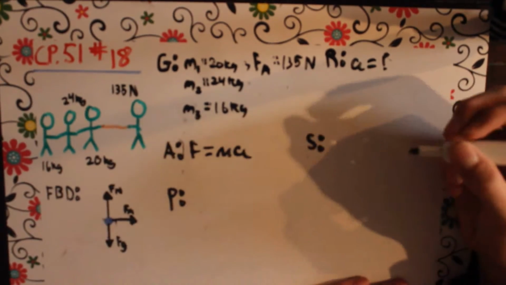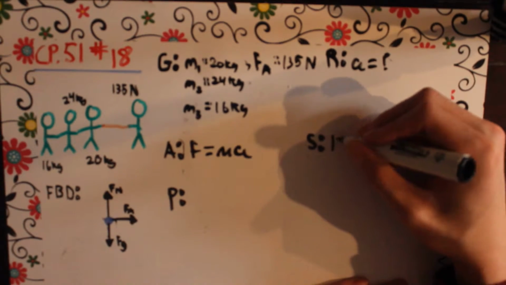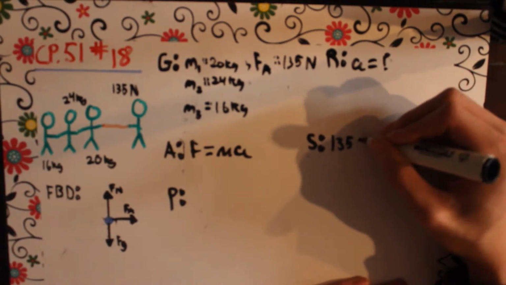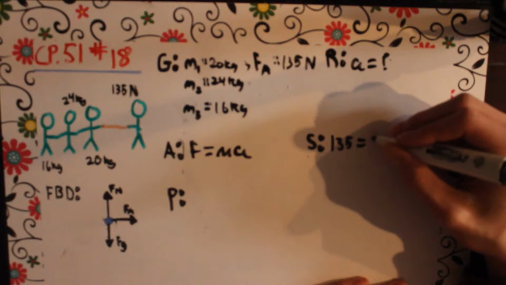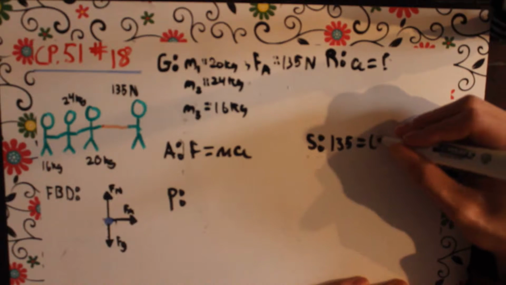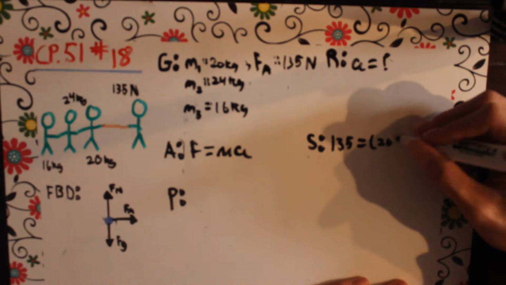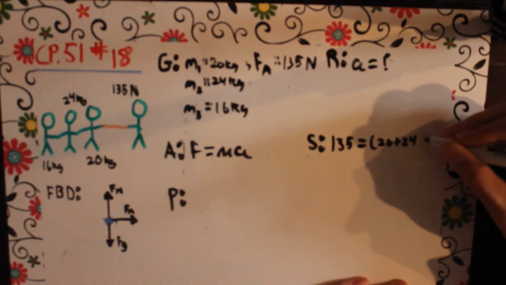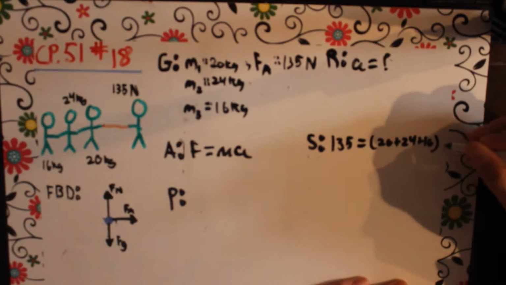Now all we need to do is sub in the force applied, which is 135 newtons, which is equal to all the masses, which is 20 kilograms, 24 kilograms, 16 kilograms, multiplied by the acceleration.